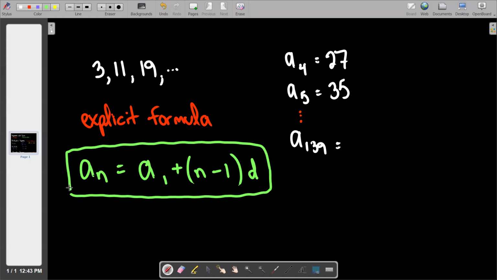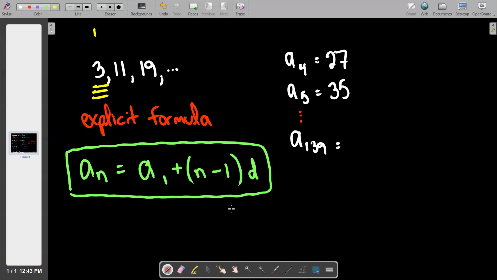Let me ask you a question. If I'm standing right here where I've underlined in yellow, if you think of each term of a sequence as a platform, what platform am I standing on? Number one, right? And if I want to go all the way out to the 139th term in the sequence, how many times do you have to jump?